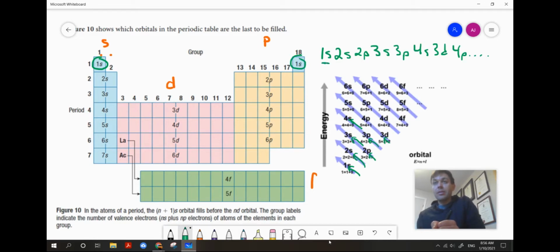After the 1s sublevel fills, we move to the next highest energy level, and that would be the 2s sublevel. Element number 3, lithium, right there, is found in the s block and is in the second period.